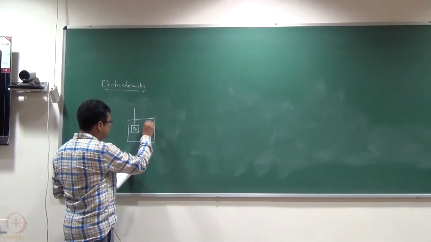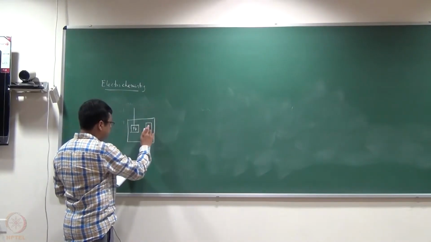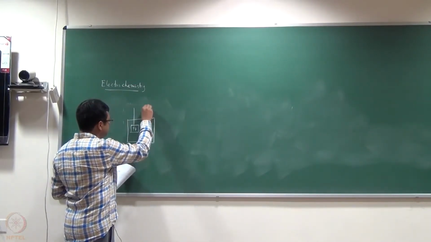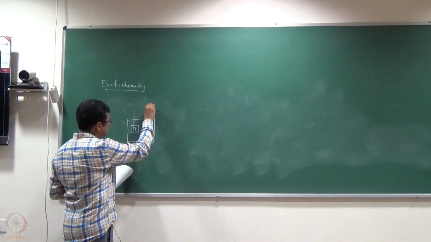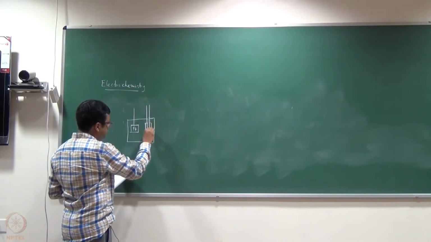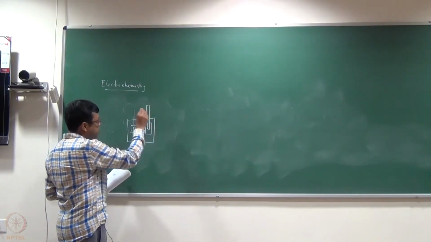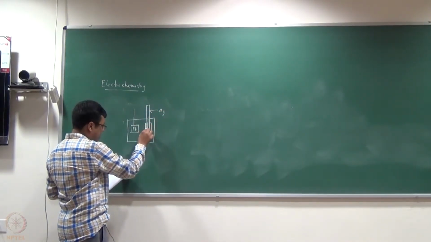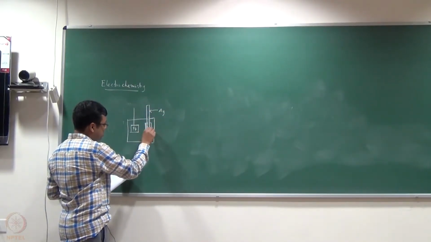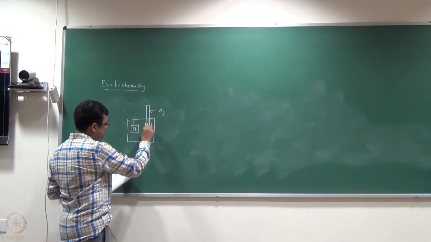Let me first draw it. I have a piece of metal which is silver, and outside I have silver chloride or silver bromide.